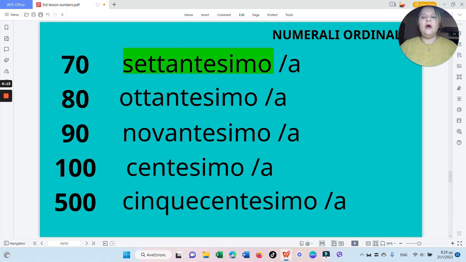Settantesimo. Ottantesimo. Novantesimo. Centesimo. Cinquecentesimo. Cinquecento, and esimo. I eliminate the last vowel of cinquecento and it becomes cinquecentesimo. So O is missing.